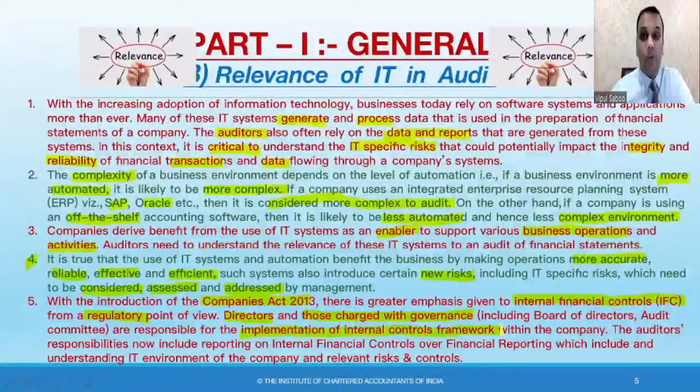These are internal controls. So these people are entrusted with the responsibility of implementing an internal control framework within the company. And as an auditor, what is my duty? As an auditor, I have the responsibility to report on internal financial controls over financial reporting.